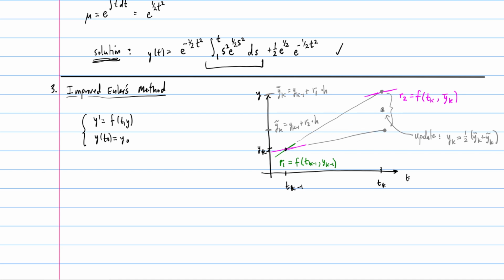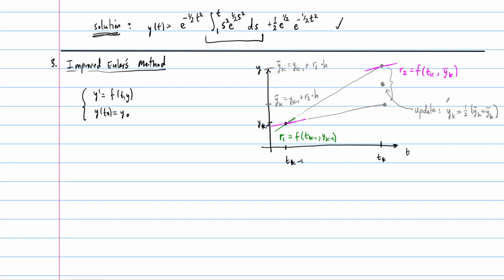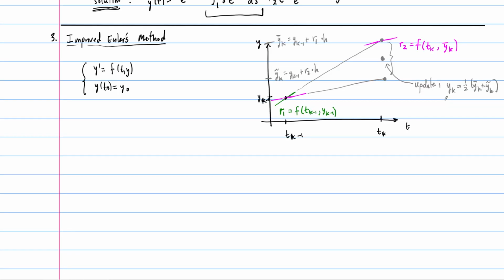So the actual point that we use is this one, and then we continue this on the next one. At every step there's a little triangle, and we take the midpoint of that base of the triangle in some sense. All right, so that is called the improved Euler's method.